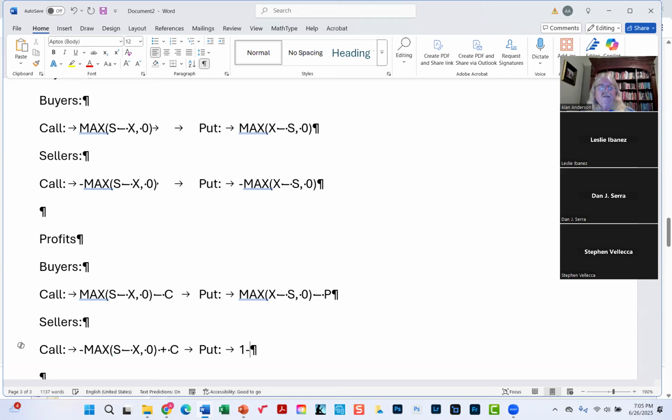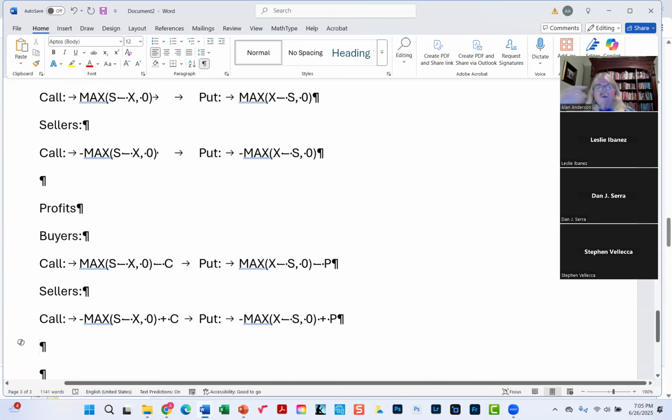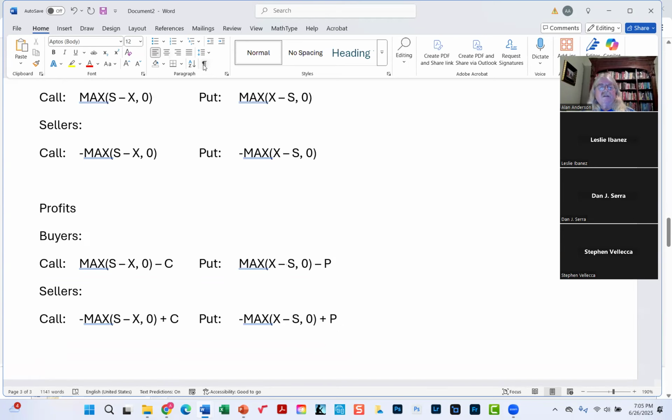Oops, I almost forgot the negative. Okay, so those are the basic positions, and we've seen how the graphs work.